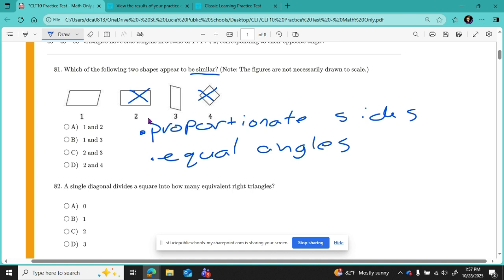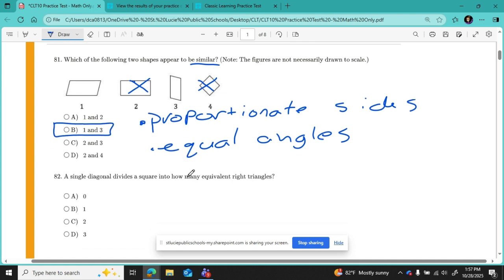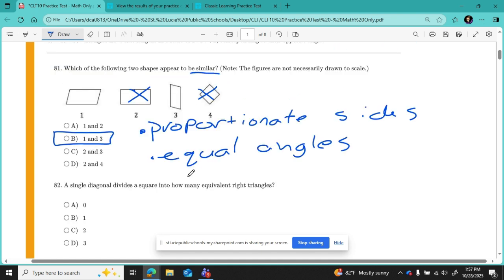We have a short side and a longer side, a short side and a longer side. So our correct answer to number 81 is answer choice B, 1 and 3. That's how I would prove my work. I would write down just a couple of words about what is a similar shape.